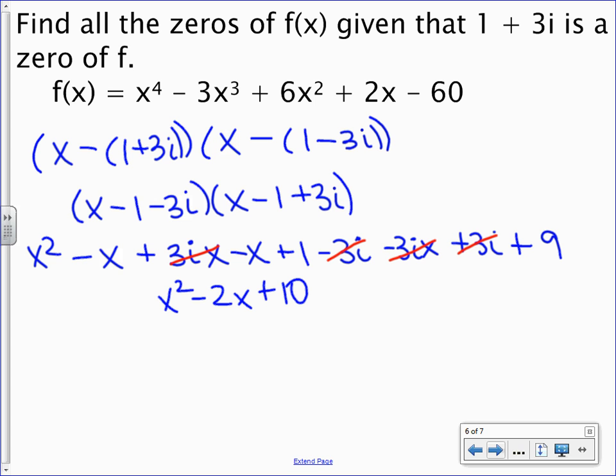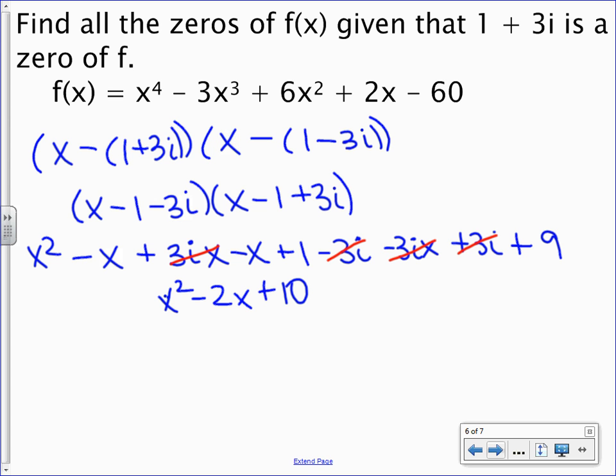Okay. Can we use this to help us? How? Get factors to this. Use that for division. Okay. We know that this should divide evenly into this fourth degree polynomial, correct?